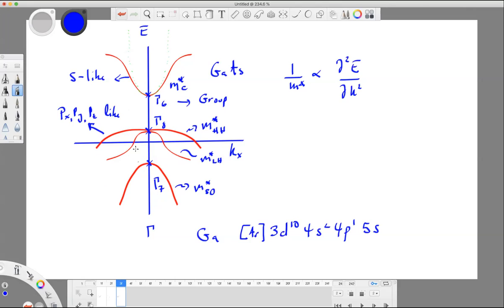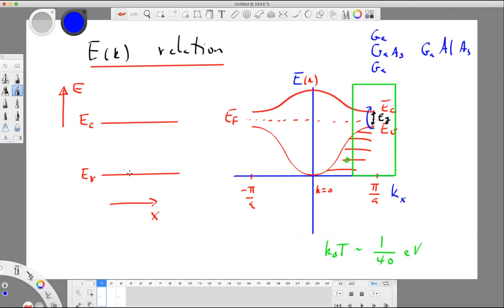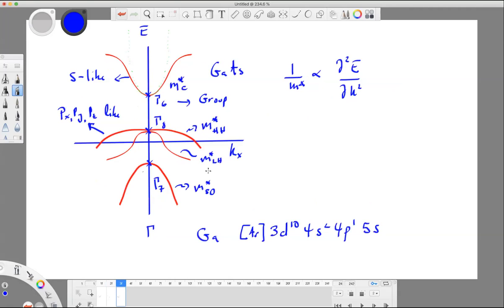So you see that this very simplified picture actually contains various effective masses of holes, and just one type of effective mass in the conduction band. This you will see in every text.